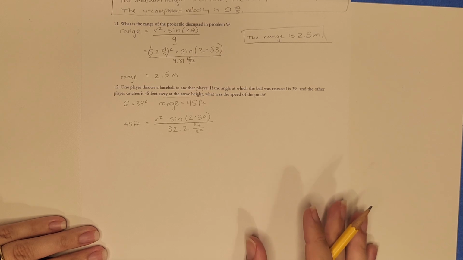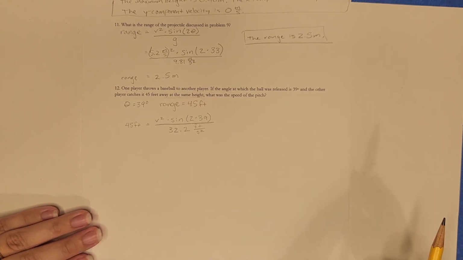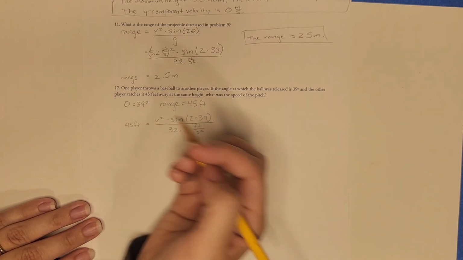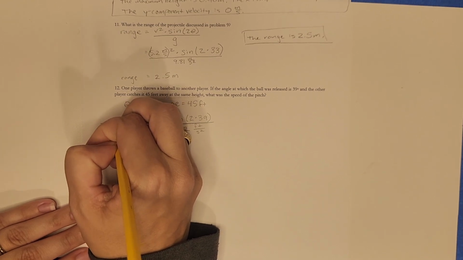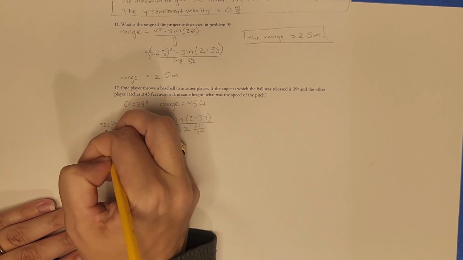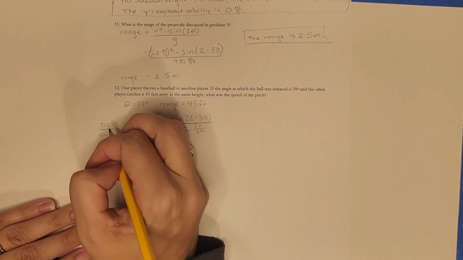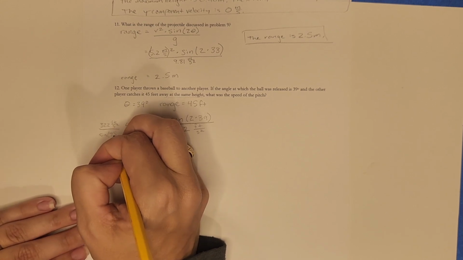Okay, and so then I am going to multiply both sides by 32.2 feet per second squared over the sine of 2 times 39, which is 78.